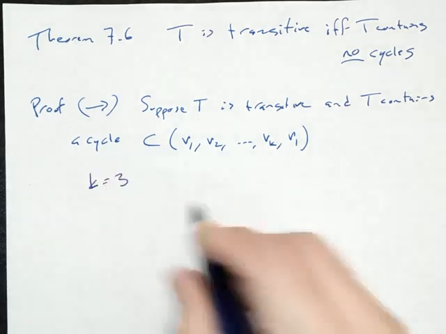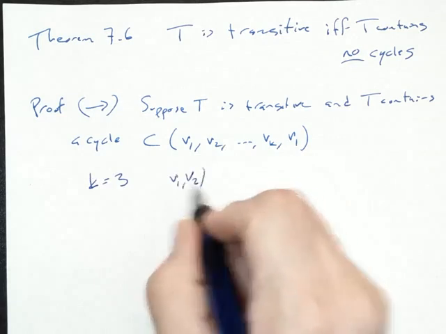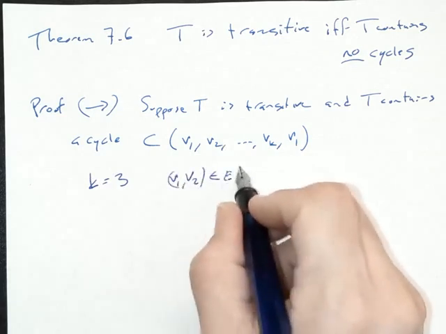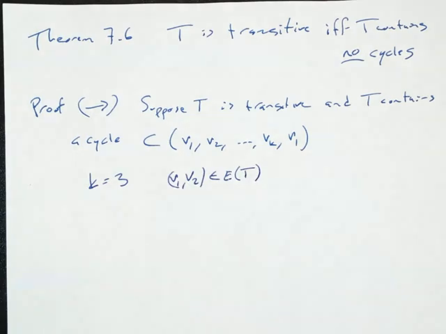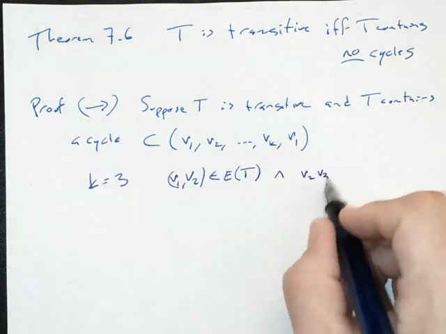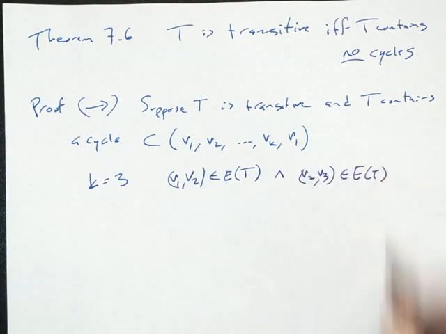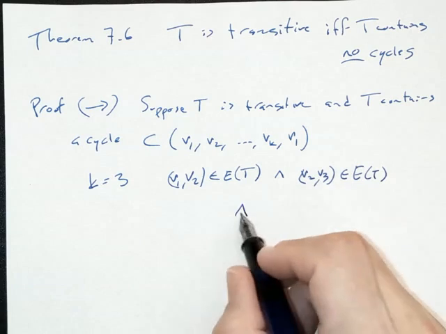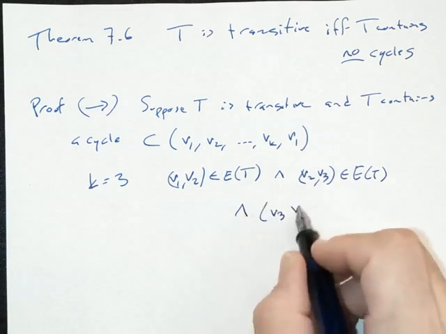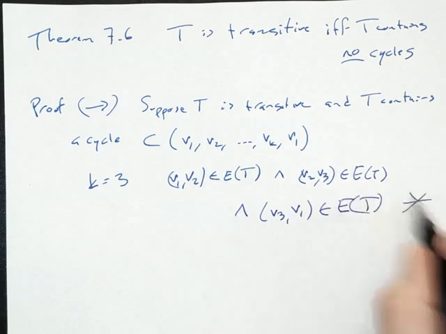If K equals 3, well, then this says V1, V2 is an edge in my tournament, and V2, V3 is an edge in my tournament, and V3, V1 is an edge in my tournament.